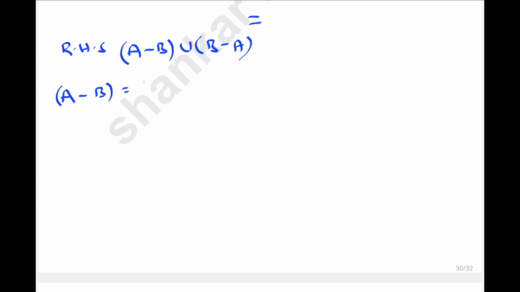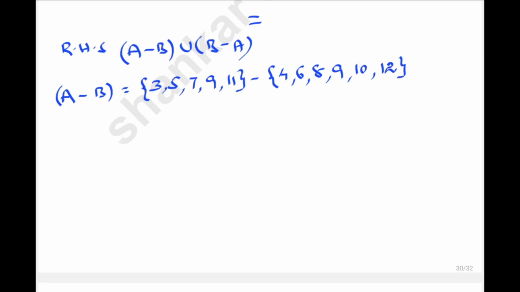Set A will be 3, 5, 7, 9, 11 minus B, which is the composite numbers 4, 6, 8, 9, 10, 12.